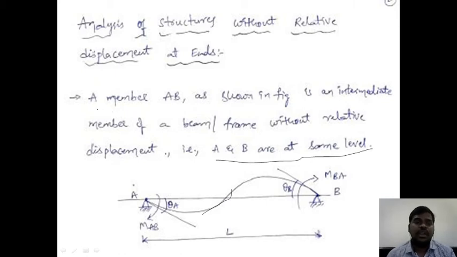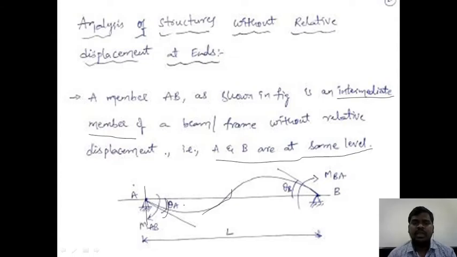So let me read this statement. A member AB as shown in the figure is an intermediate member. Please note this. This is an intermediate member of a beam or frame without relative displacement. That means A and B are at the same level. So for this we have theta A. If this is fixed, what happens?